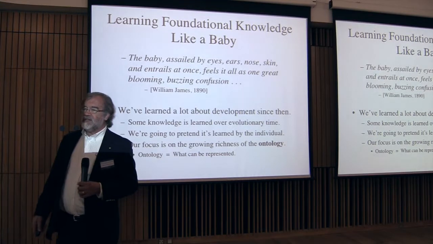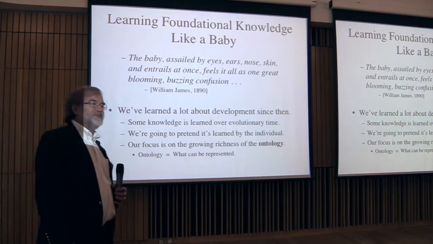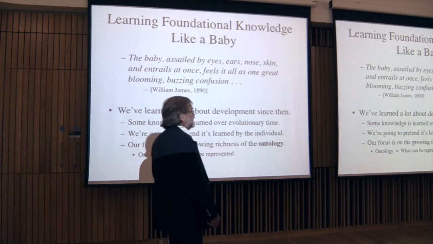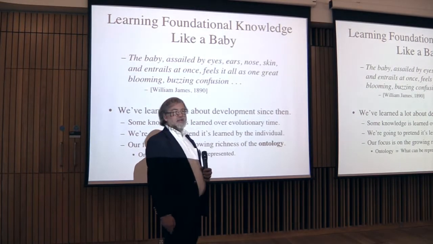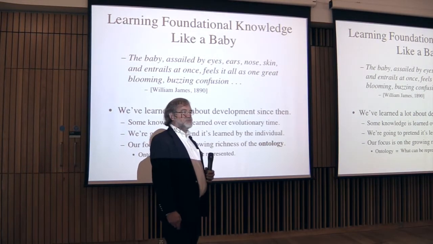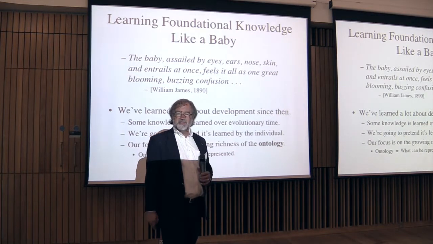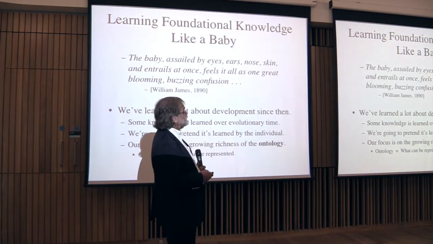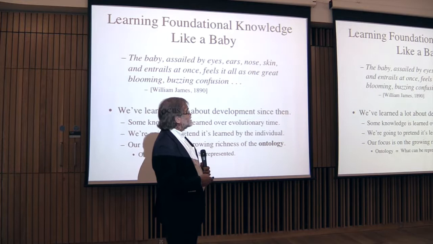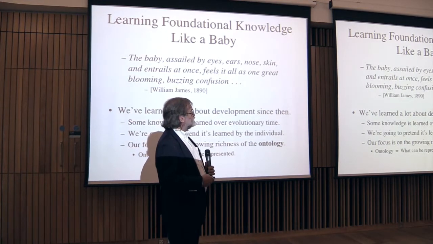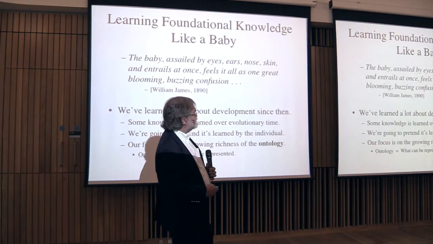Now, many years ago, William James wrote one of my favorite quotes, which modern developmental psychologists say is absurd, but I still think it captures something interesting. The baby, assailed by eyes, ears, nose, skin, and entrails at once, feels it all as one great blooming, buzzing confusion.